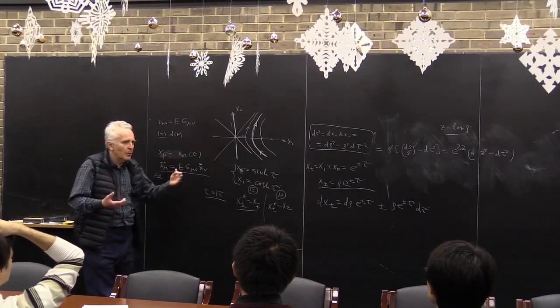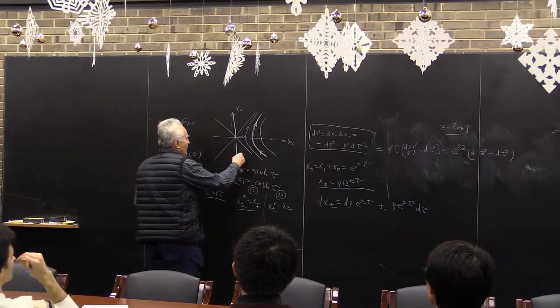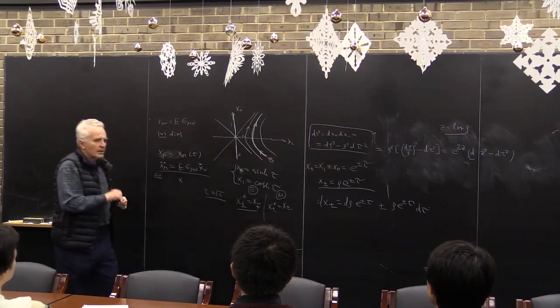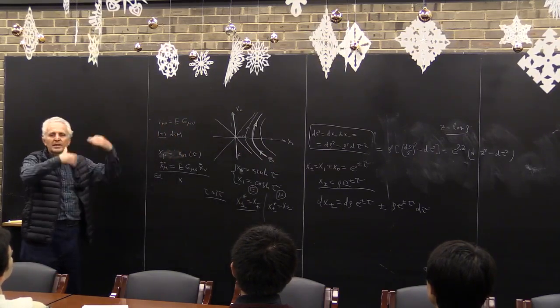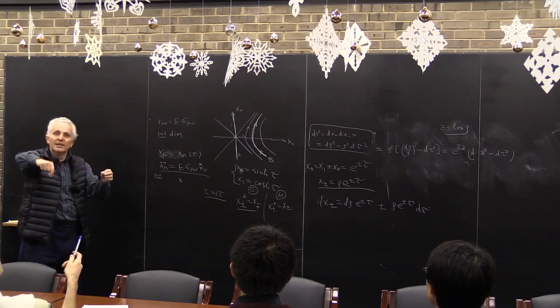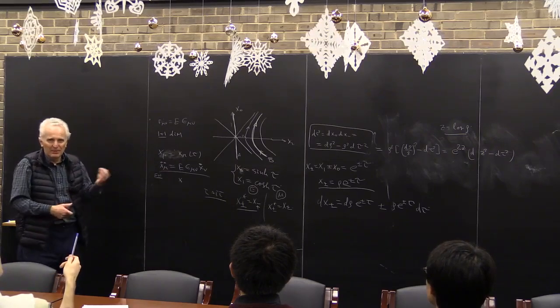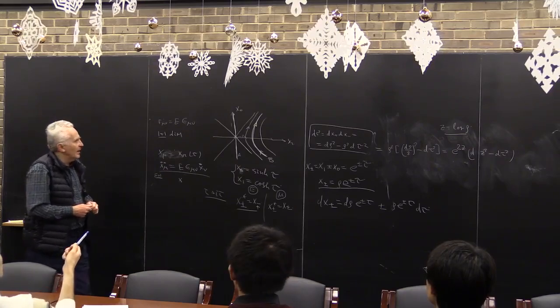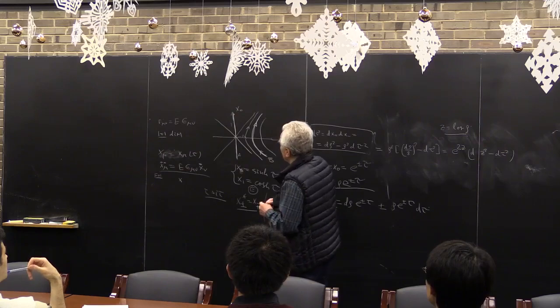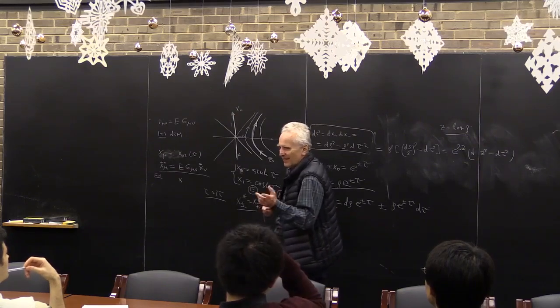Suppose this is observer A, this is observer B. So who will see whom? One observer will see another, but the other will not see the first one. A will not see B. Not quite. It's the opposite.